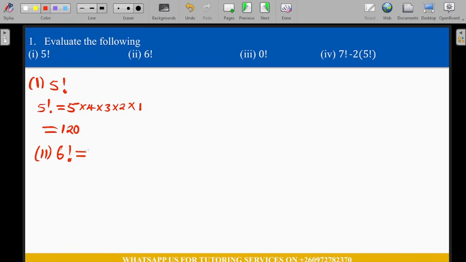Then moving to part 2, we have 6 factorial. For 6 factorial, this can be written as 6 times 5 times 4 times 3 times 2 times 1.